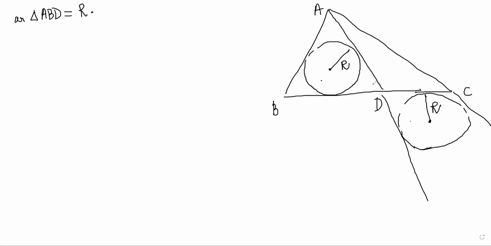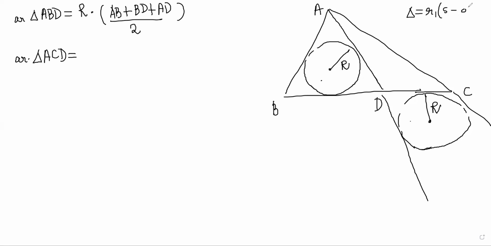So semi-perimeter of this triangle would be AB plus BD plus AD by 2, right? That is semi-perimeter. Now what is area of triangle ACD? Area of triangle ACD can be written in terms of the exradius by using the formula delta is equal to R1 into S minus A. So exradius for triangle ACD is also R. So we'll say R.